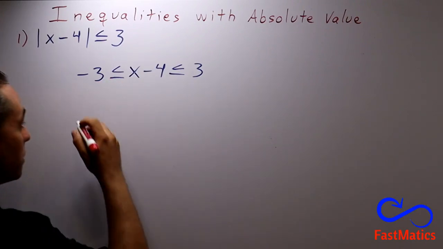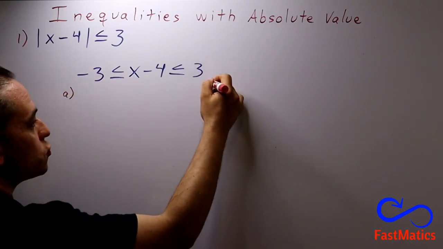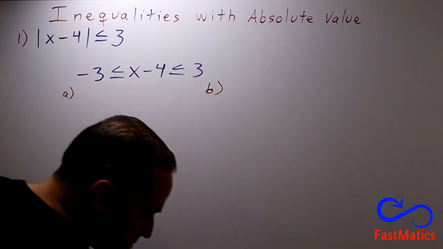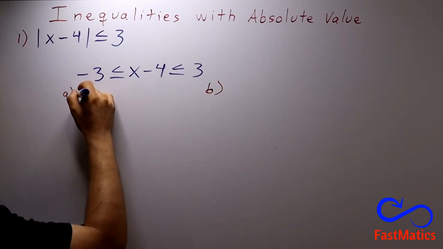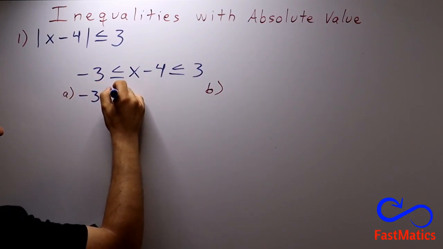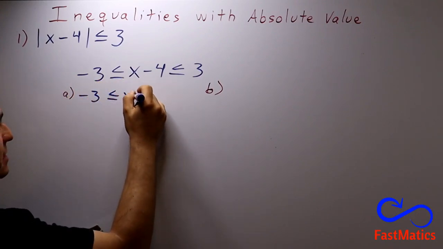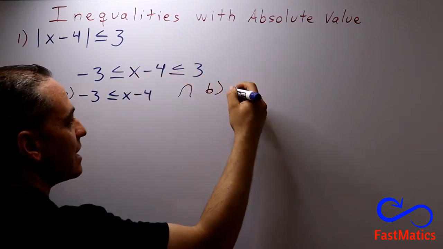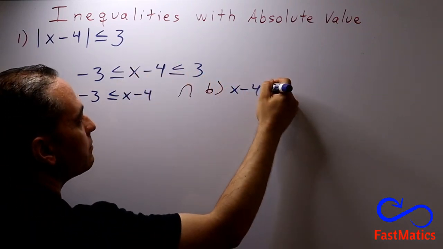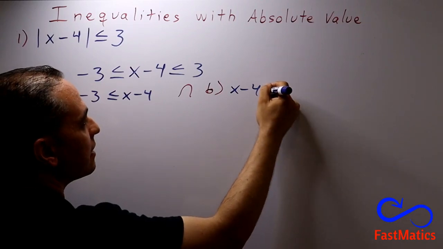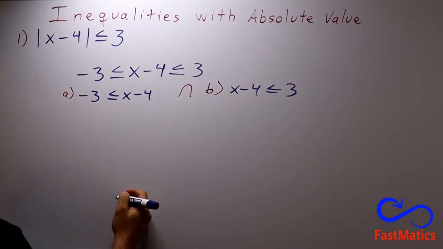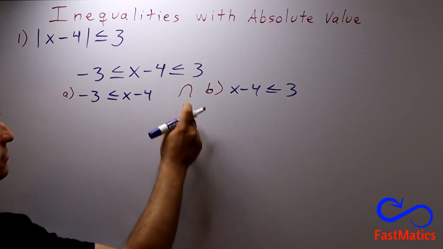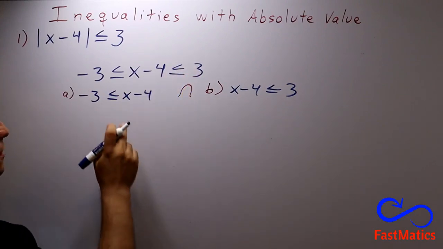So remember, you divide it in two parts because you need negative 3 to be less than or equal to x minus 4, and at the same time you need x minus 4 to be less than or equal to 3. You do that, and finally you intersect the answers.